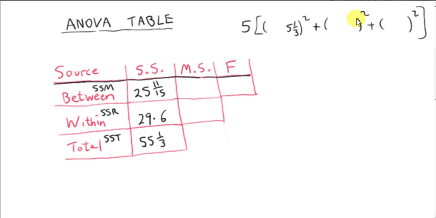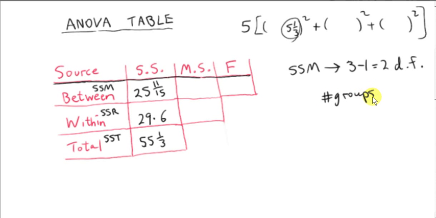So if we didn't know the grand mean, we would have 3 degrees of freedom. But because we know the grand mean, we have 1 less than 3, or 2 degrees of freedom. In general, the degrees of freedom for sum of squares model is the number of groups minus 1. So in our case, we get 2.